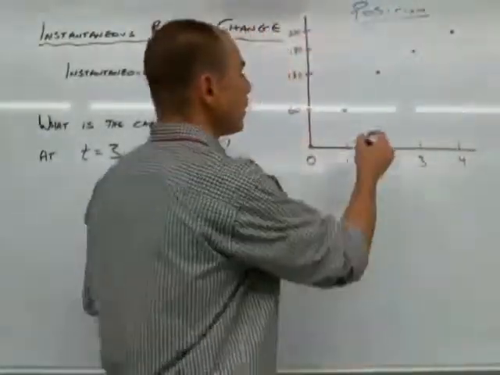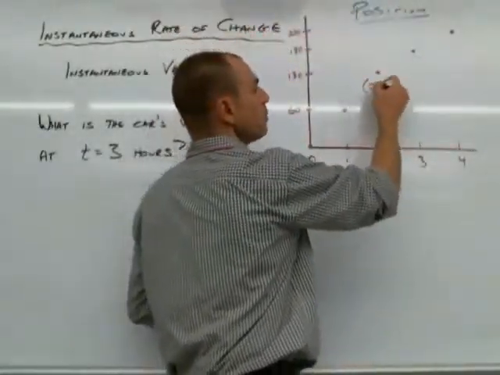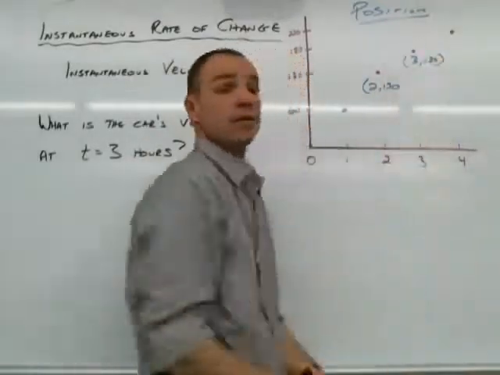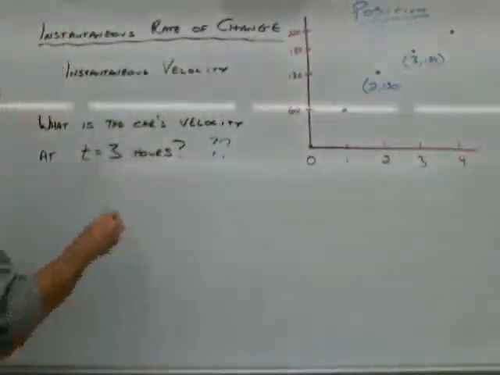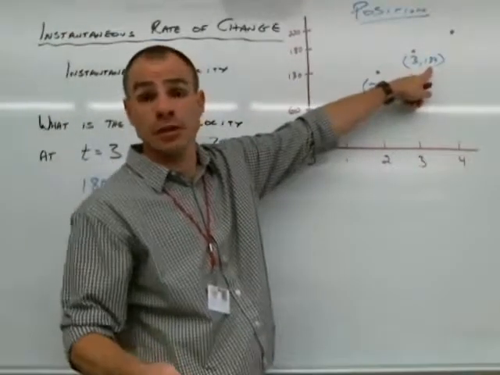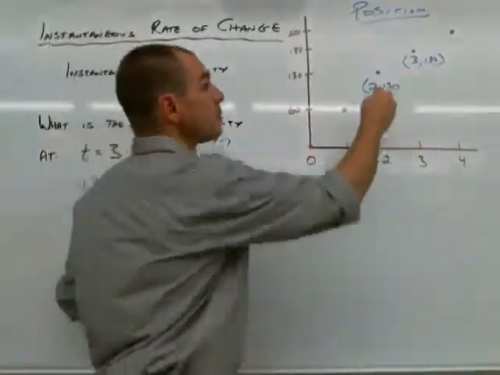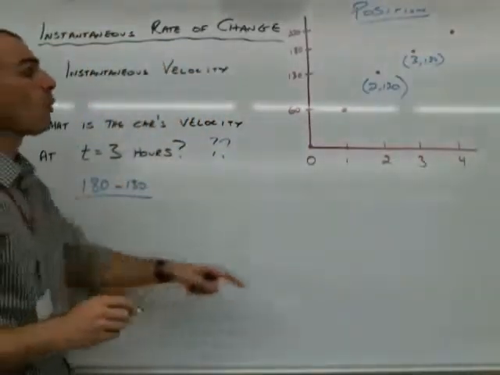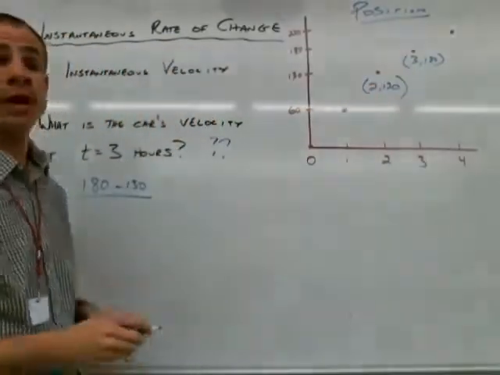So we can take our data points. And we know that we have (2, 130) and (3, 180). So let's take those, and we can say 180, which is our second y value, just like we did in the previous example, minus 130, over our x values, 3 minus 2.